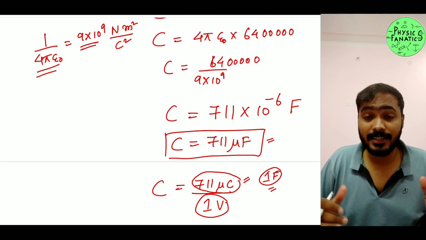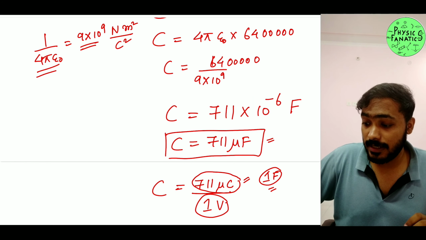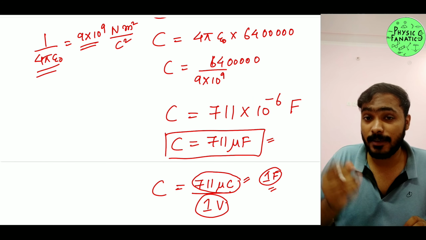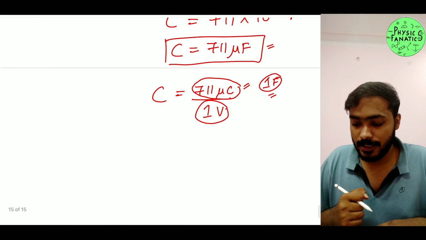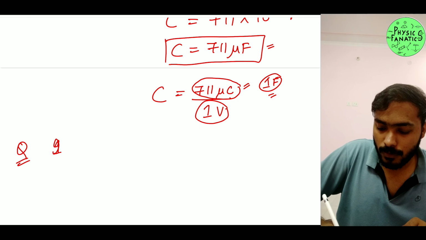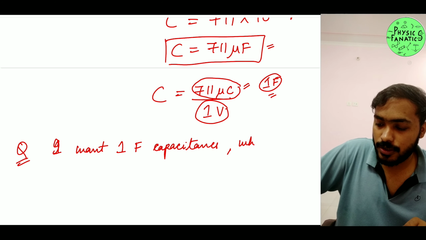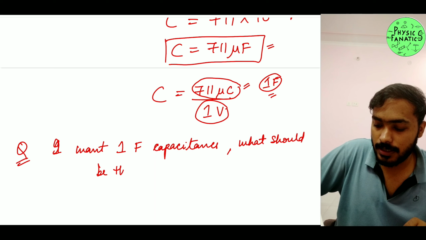Now let's try to understand how much should be the radius of my sphere so that I can get 1 farad capacitance. Let's try to find out, right? So the question is, I want 1 farad capacitance. What should be the radius of the sphere?